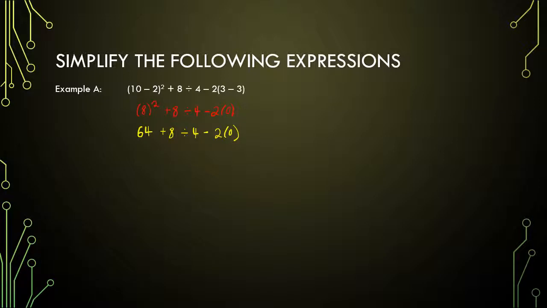After exponents, we have multiplication and division left to right. So first, 8 divided by 4 gives us 2. Negative 2 times 0 gives us 0. And we bring down all the signs and numbers we haven't used yet.